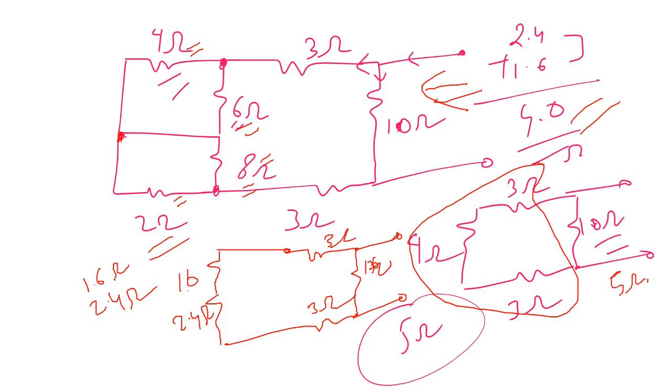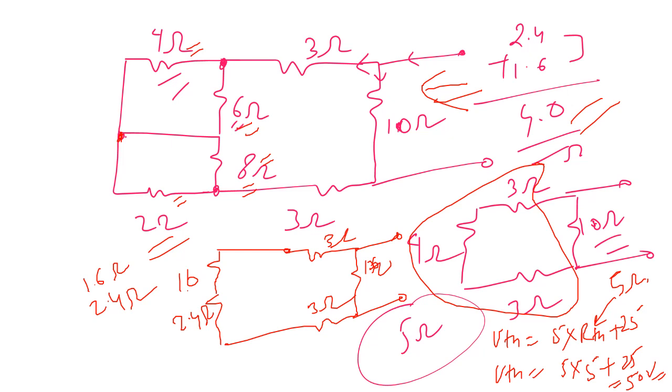Earlier our equation was VTH is equal to 5 into (RTH plus 5) plus 25. You can place this RTH here, and you can calculate 5 into 5 plus 25, which is equal to 50 volts. So this is how you get the answer. It can be done in two ways, as I already told you.